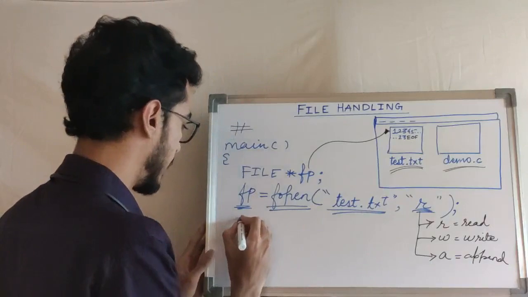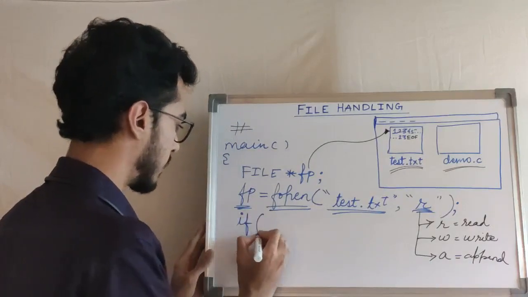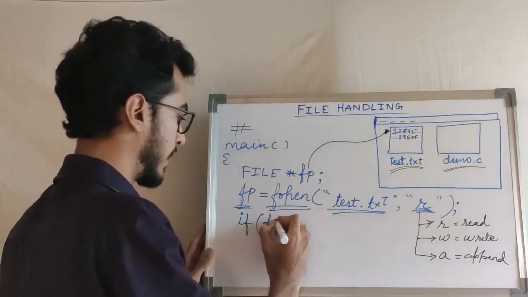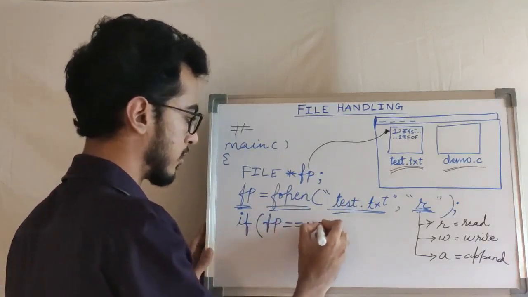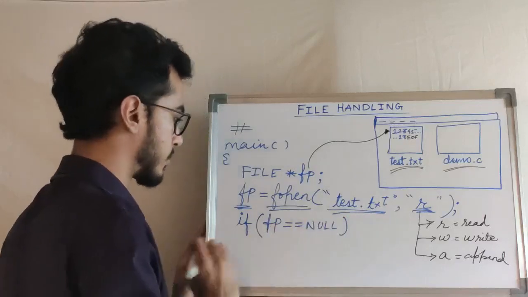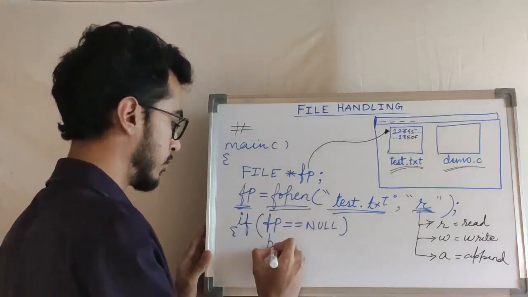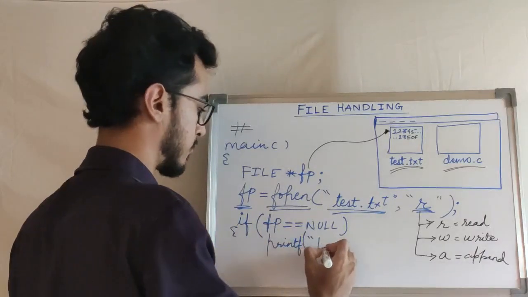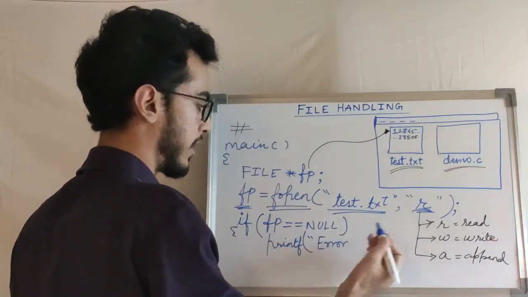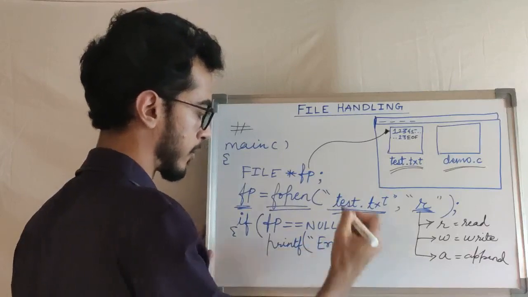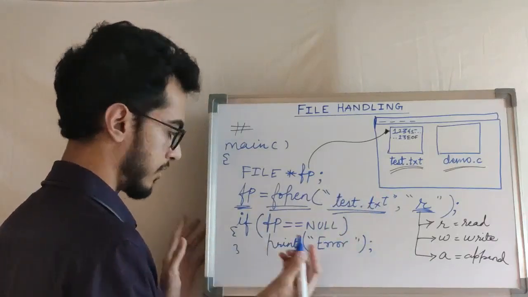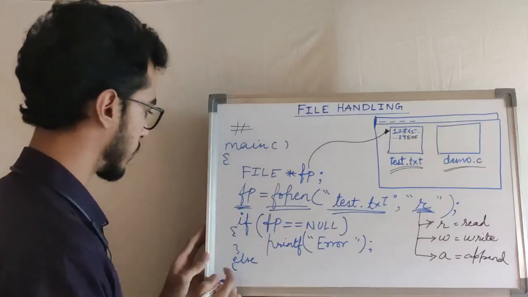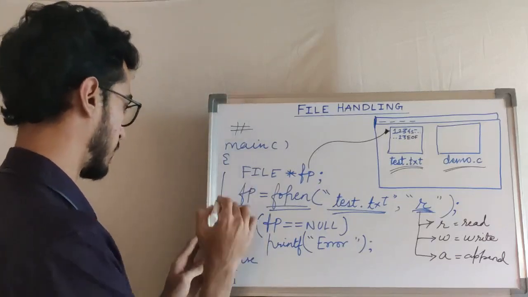To test whether a file with this name exists, I will do something like: if fp is found to be NULL, then printf error in opening my file. So the if is closed, then else, whatever you want to do, and here finishes my main.